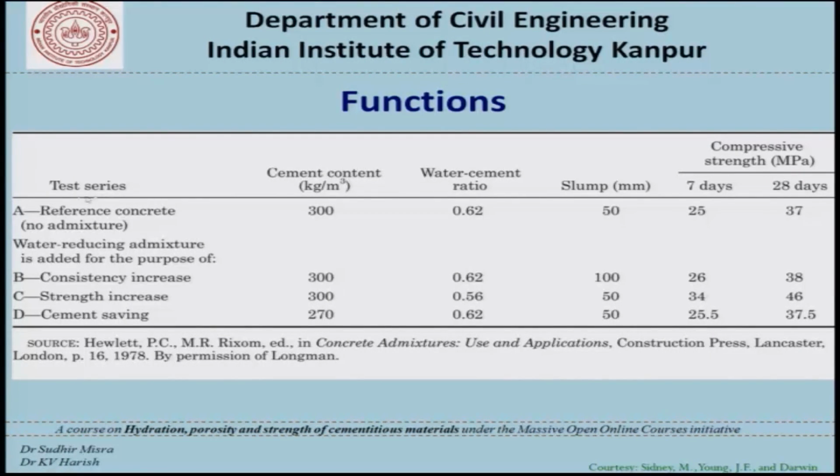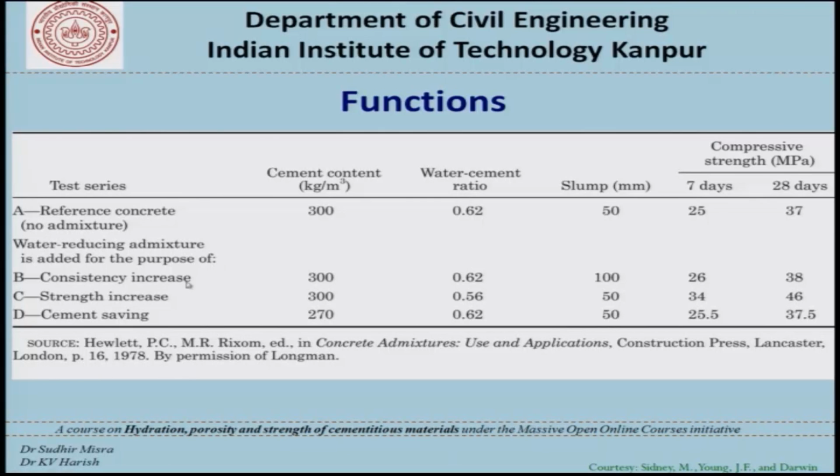So if you take a reference mixture that does not contain chemical admixture, the cement content here is taken as 300 for a water to cement ratio of 0.62, and the slump that is achieved for the reference mixture is 50 mm, and the strengths at 7 and 28 days are 25 and 37 megapascal or Newton per mm square respectively.